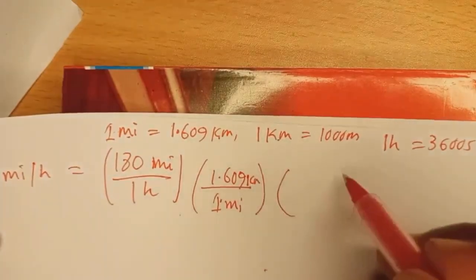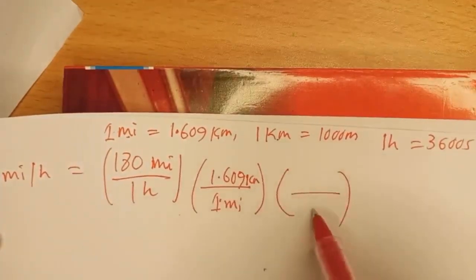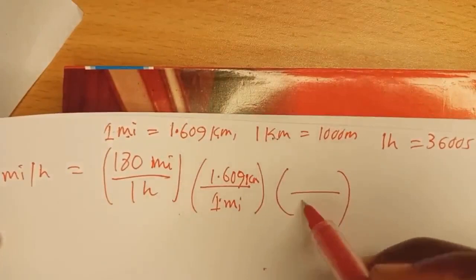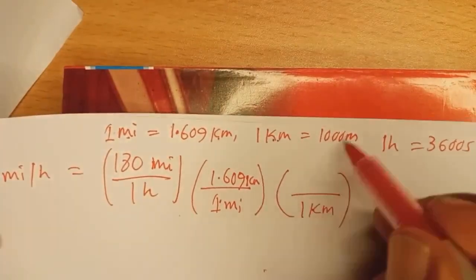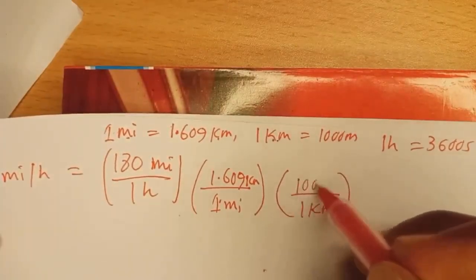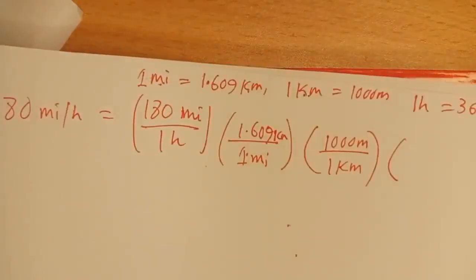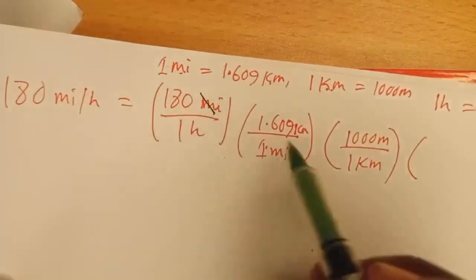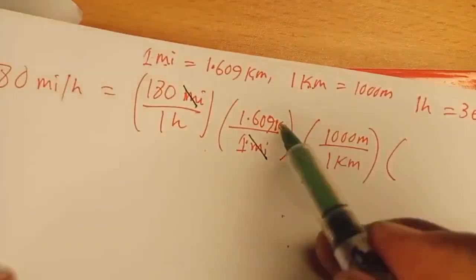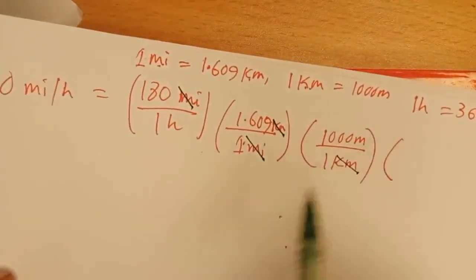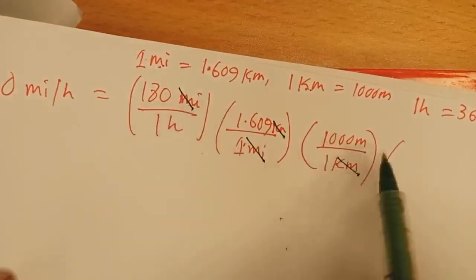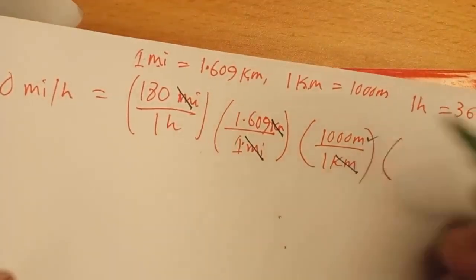Next I want to cancel this kilometer, so I need kilometer down here, so I will take 1 kilometer, and the other one I will put here, 1000 meter. Then you can see my mile cancels mile, and kilometer cancels kilometer. So I have converted mile to meter.